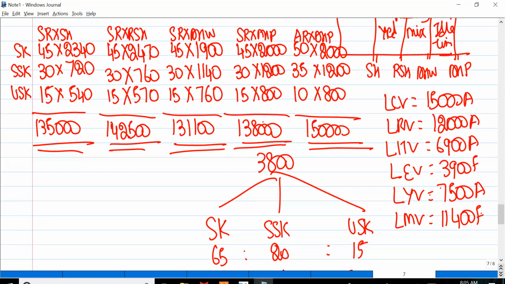Let me know if there are doubts. Any doubts in any of the variances? The formula will come from the chart. You should be in a position to do it.